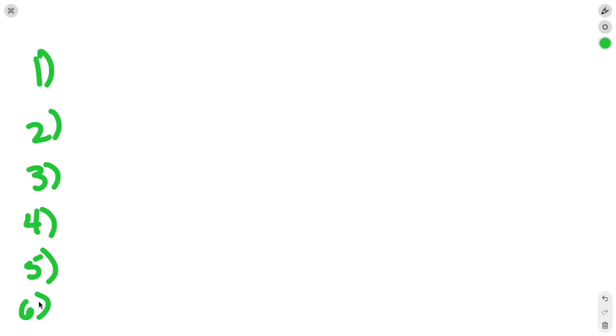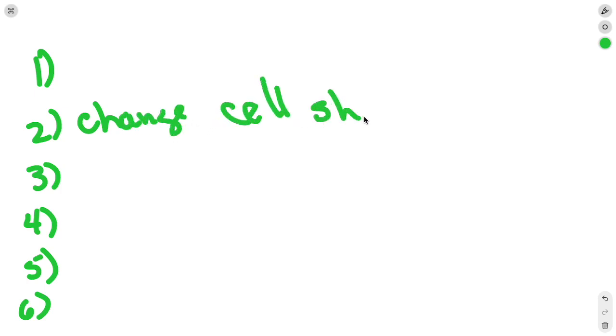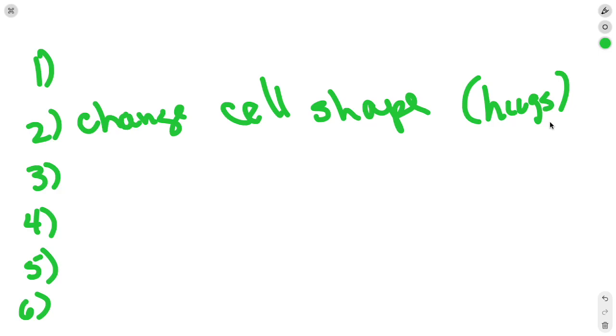Yeah, so what does the CAR T cell do? Yep. It's rearranging the cytoskeleton. Yep. So one response is we have a change in cell shape. And you could say it hugs the cancer cell. It wraps around it.